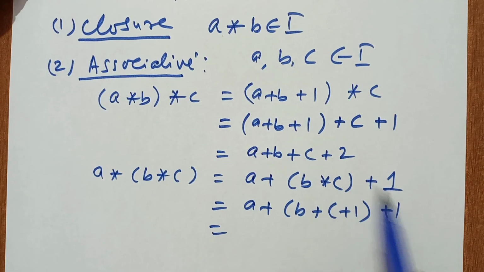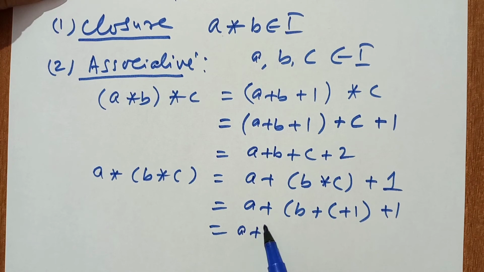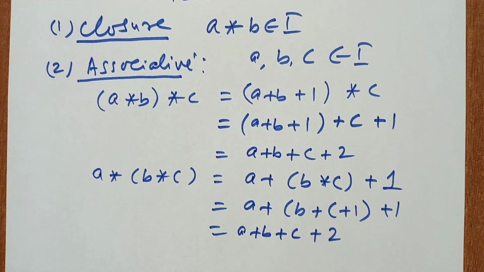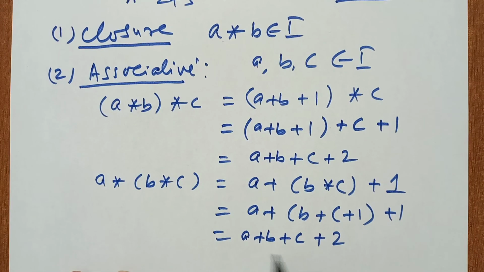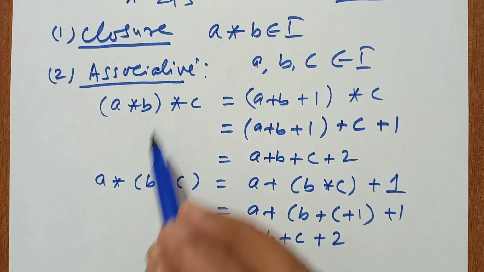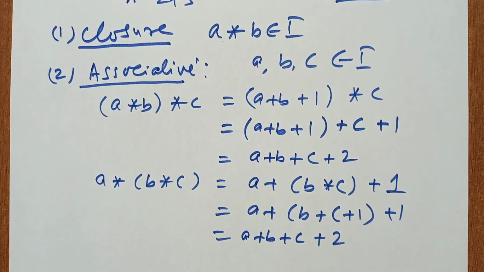In the case of addition in integers, this is a plus b plus c plus 2. So both are equal, which means the associative law is satisfied.